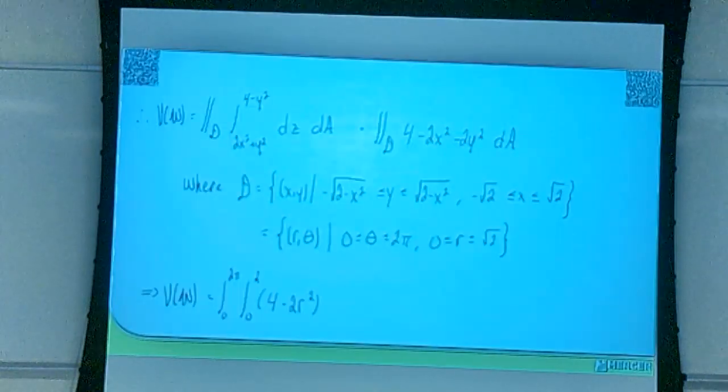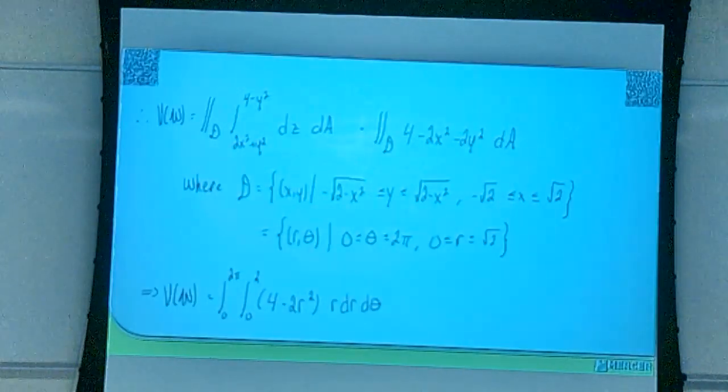Isn't 0 to 2 the radius, and then 0 to 5 is theta? Oh, it's r dr d theta. So you have to account for the extra r. The derivation for that is in the video for polar, and it shows where that extra r comes from. But it is r dr d theta.